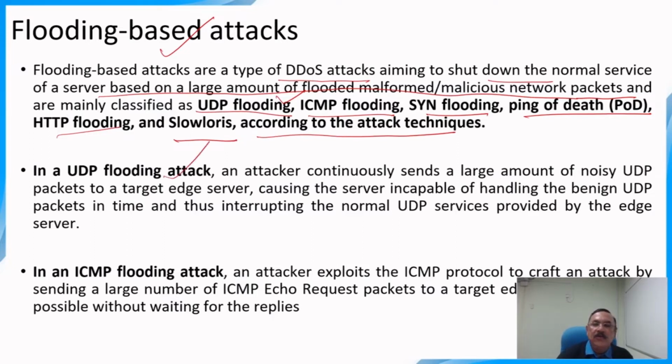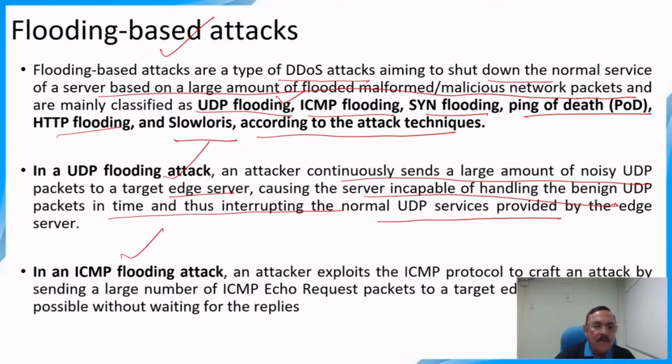In a UDP flooding attack, an attacker continuously sends a large amount of noisy UDP packets to the target servers, causing the server to be incapable of handling the benign UDP packets in time, thus interrupting the normal UDP services provided by the edge servers.